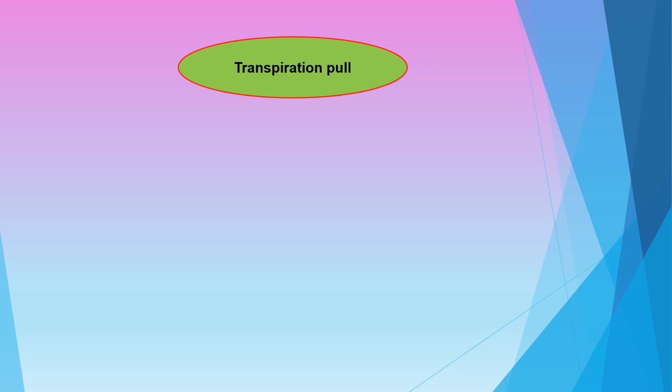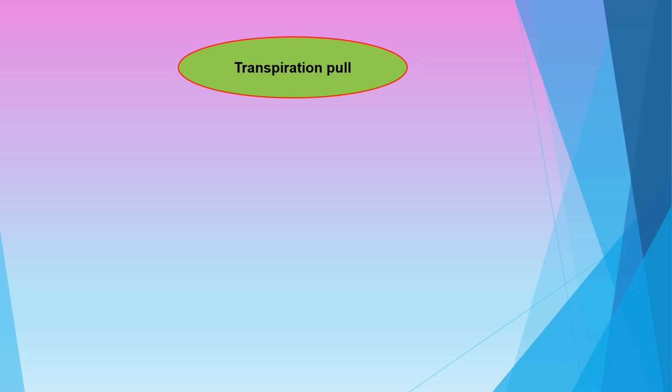As water is lost from the leaves, pressure is created at the top to pull more water from the xylem to the mesophyll cells.